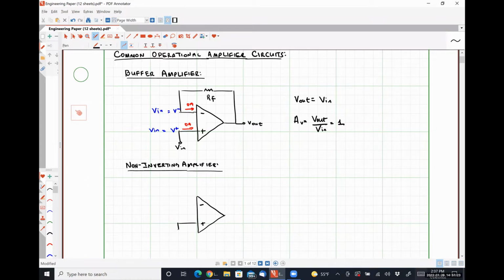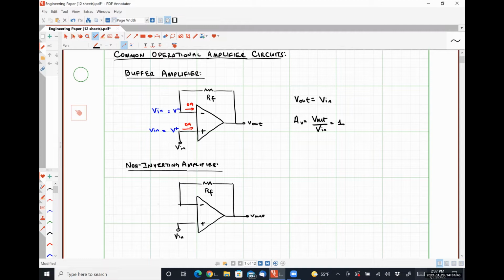So we're still going to apply our input voltage at the non-inverting input pin. We're still going to have a feedback resistor, RF, placed between the inverting input terminal and our output terminal.